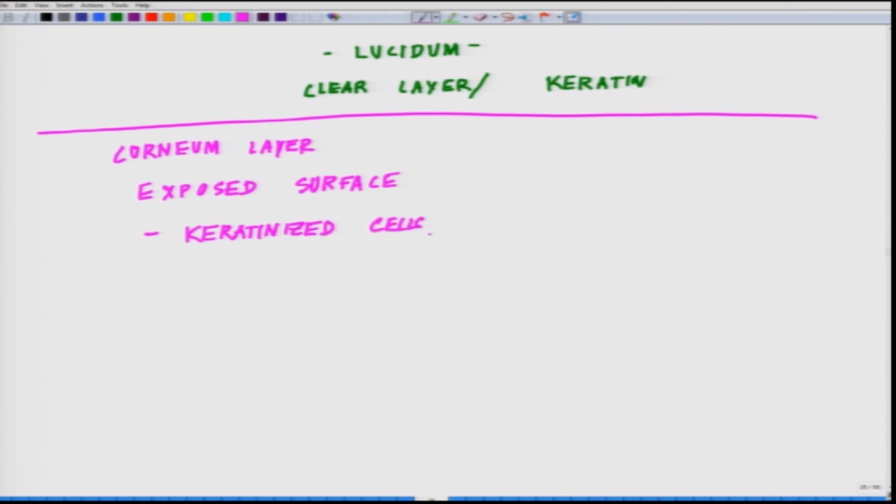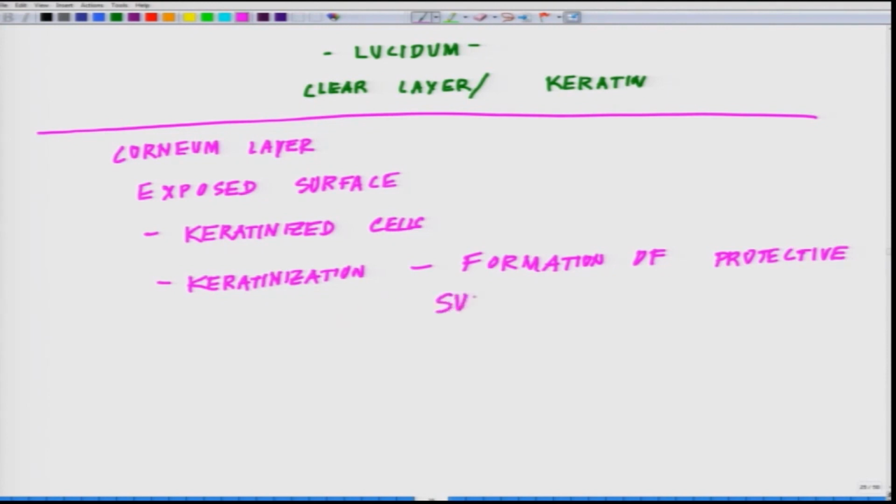And keratinization is a process. For those who love definition, keratinization is a process of formation of protective superficial layer of cornified cells.